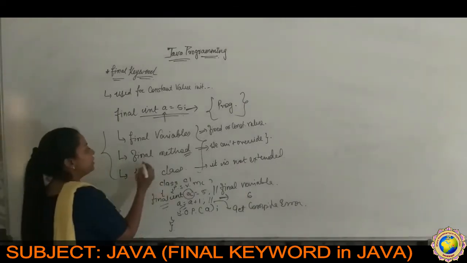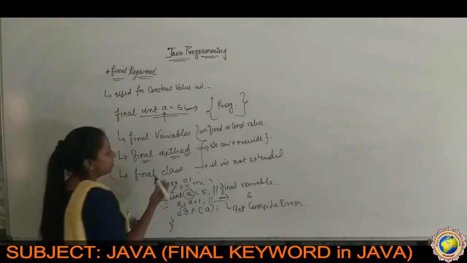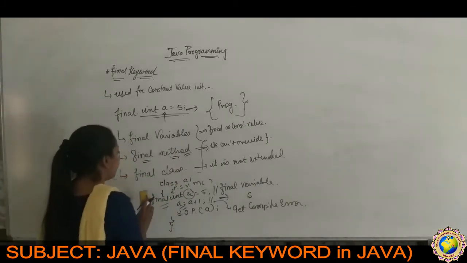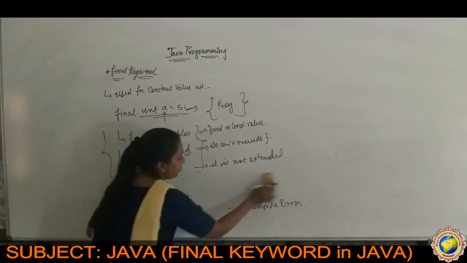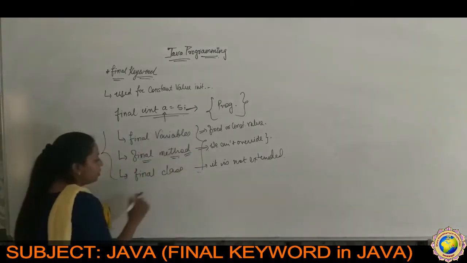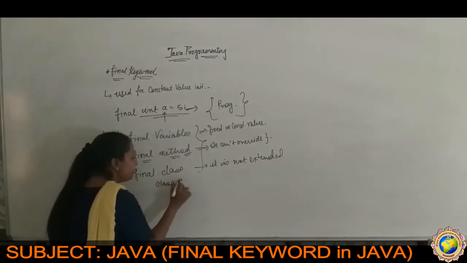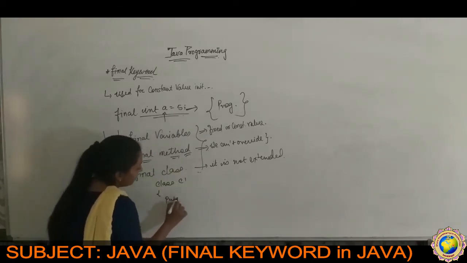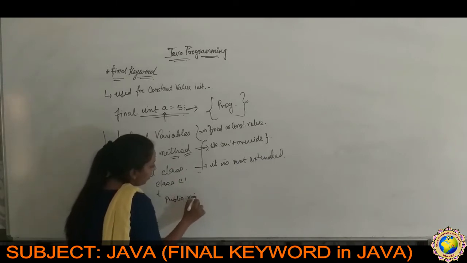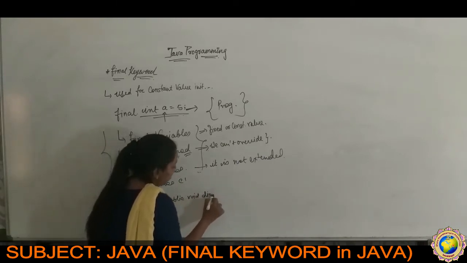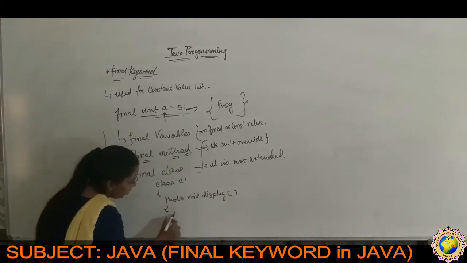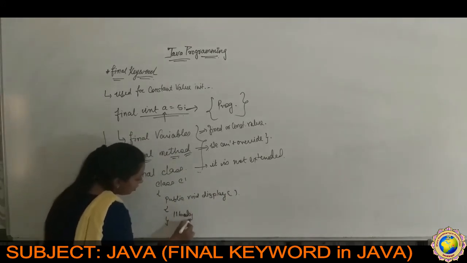Now let's see about the final method. For example, we have taken our class C1 and here we have the public void display, and whatever the body is there.